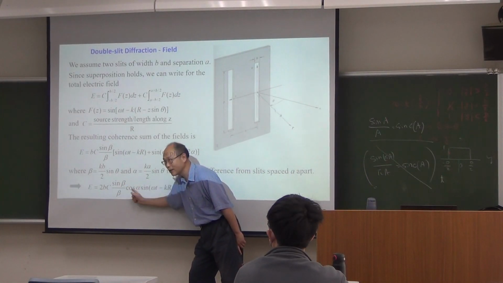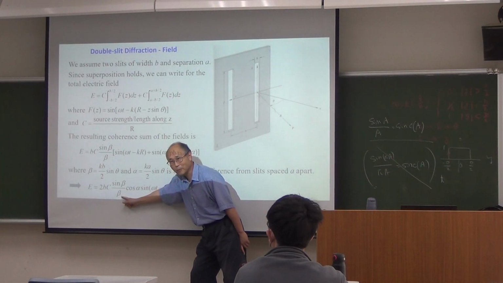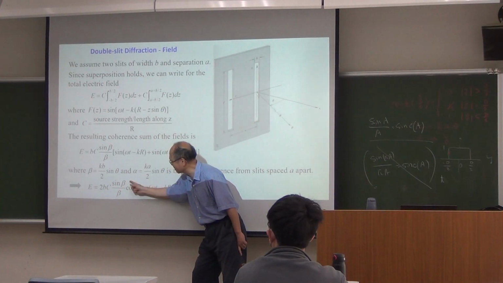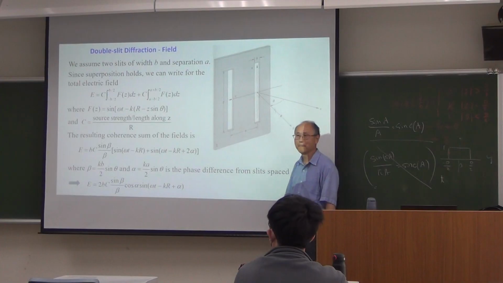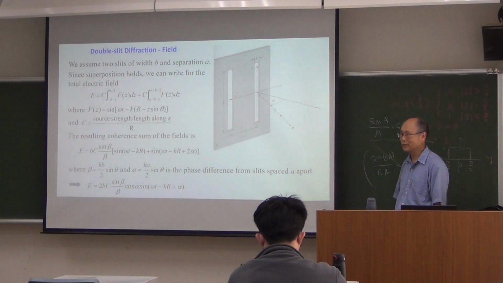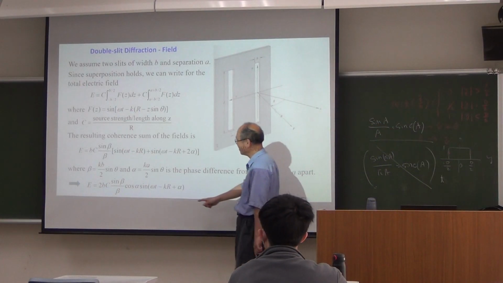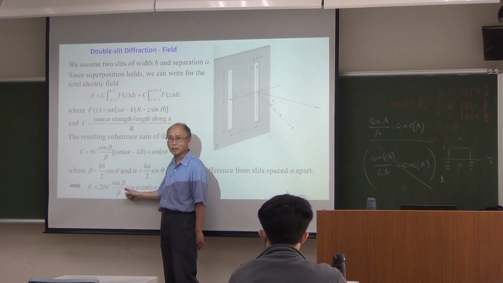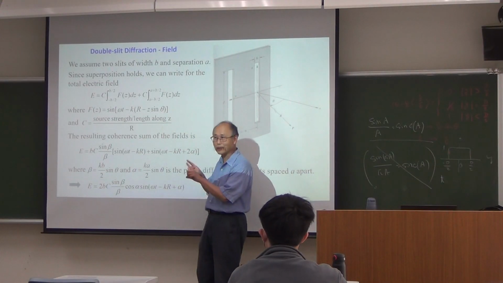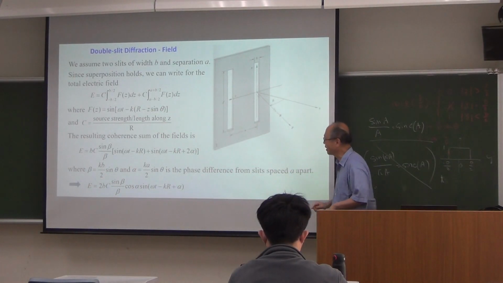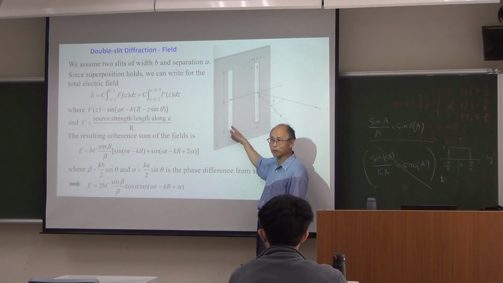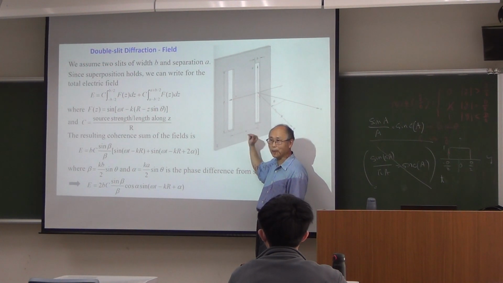One is the antenna pattern for a single antenna. This is the interference term. Okay, so there's no magic. This is the sinc function we just had from the single slit. And this tells you the interference. And of course the interference is relevant to the separation of these two antennas.